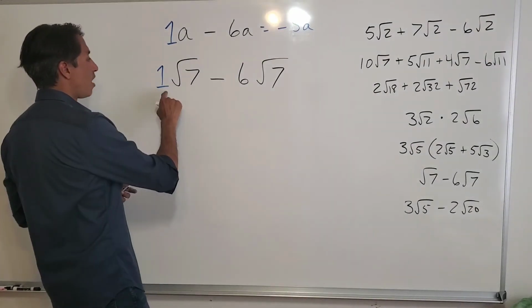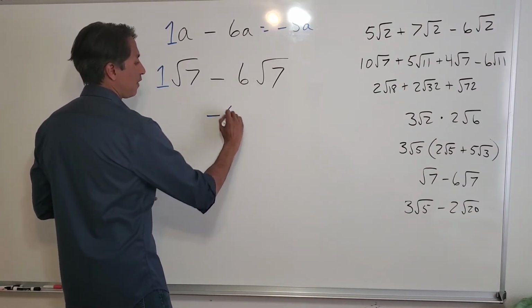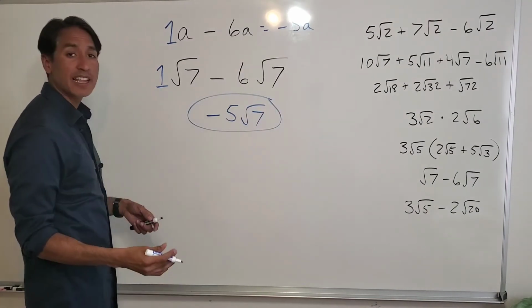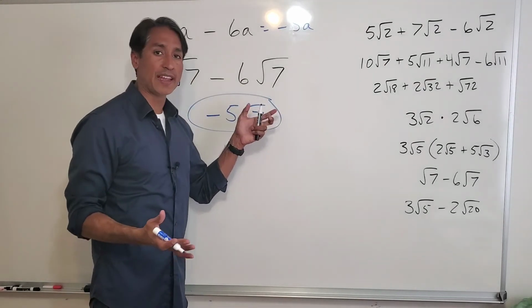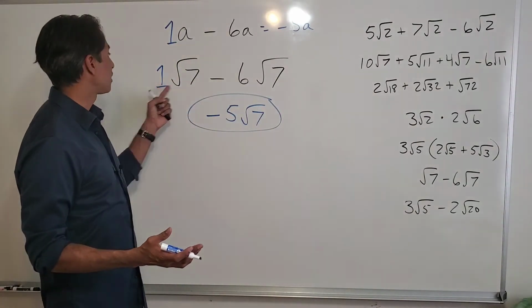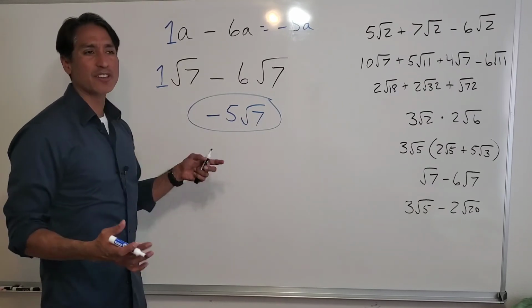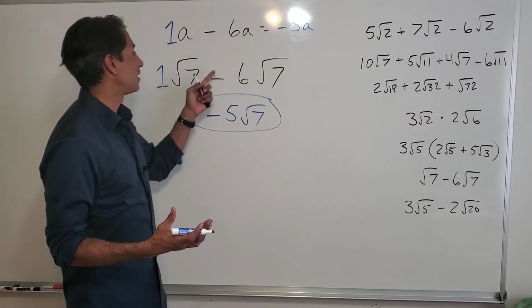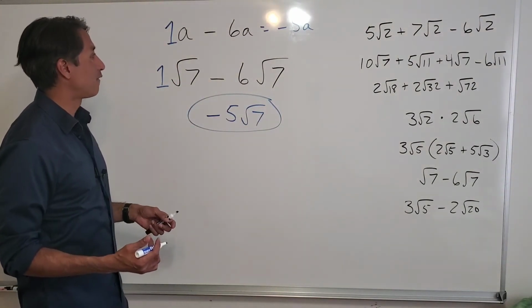Yes. 1 root 7 minus 6 root 7 is negative 5 root 7. And that's it. Okay? They gave us a common square root thing, so then it was really a matter of just adding or subtracting. This one was subtract, and I put the 1 there just because it helps me remember, oh yeah, there's 1 unit of that minus 6 units of the same thing, and so I end up with negative 5.